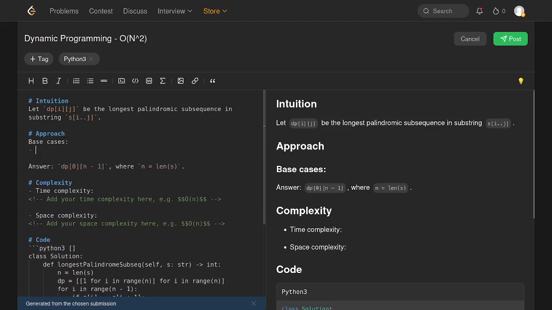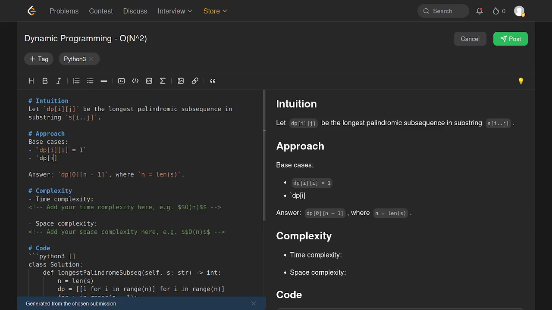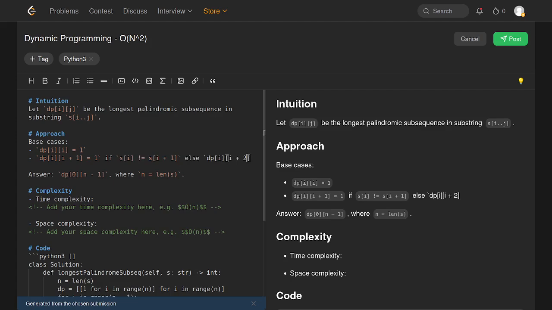Base cases are dp[i][i] is equal to 1, dp[i][i plus 1] is equal to 2 if s[i] equals s[i plus 1], else 1.